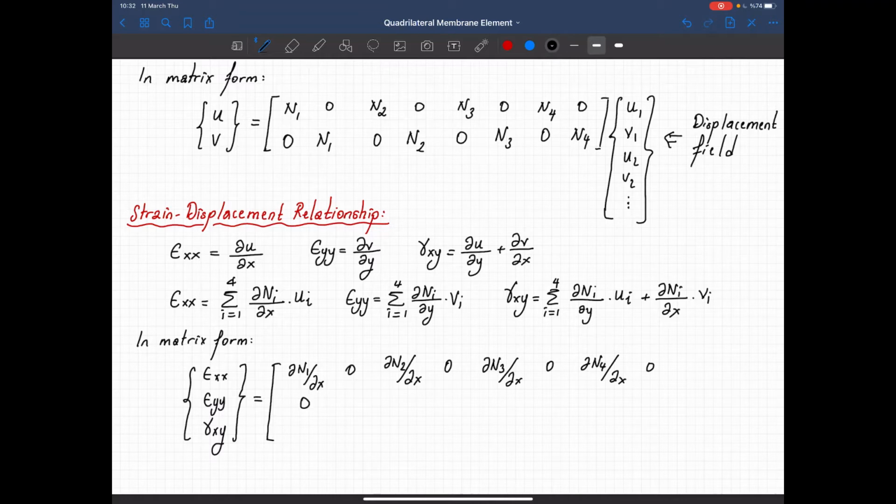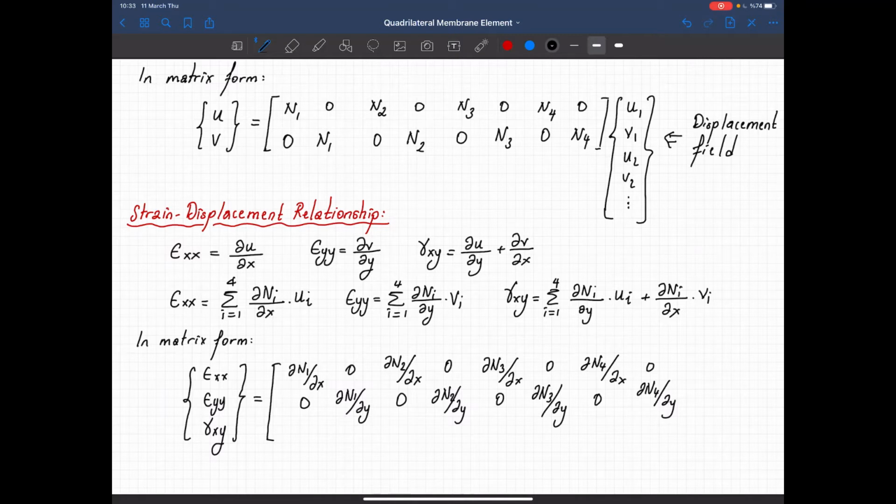Epsilon yy is equal to del N1 over del y, 0, del N2 over del y, 0, del N3 over del y, 0, and del N4 over del y.